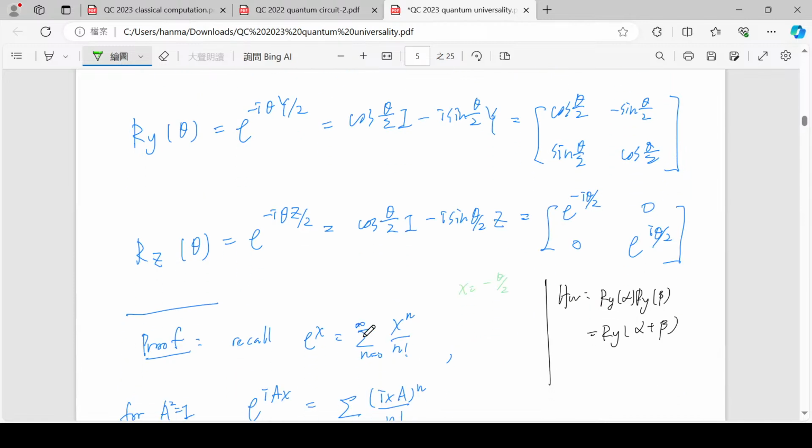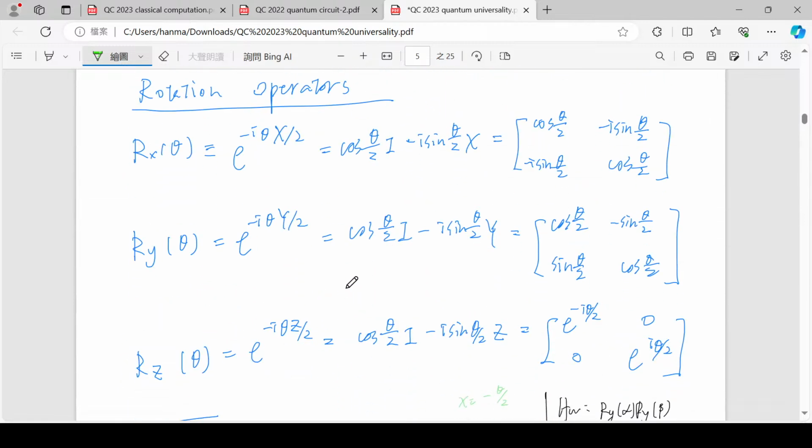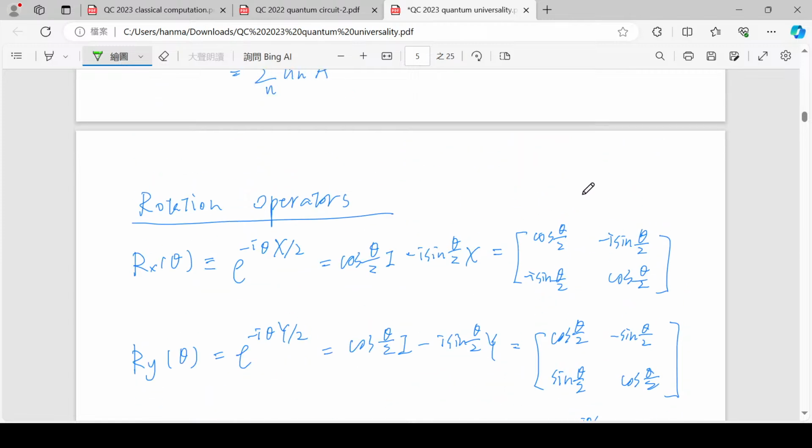And yeah, then what we want to do is define those rotation operators. The rotation operators are one-qubit gates, and it's really the rotation on the Bloch sphere. So you can check that.